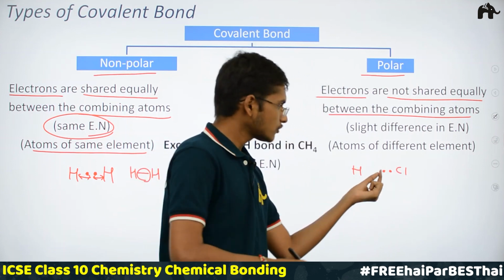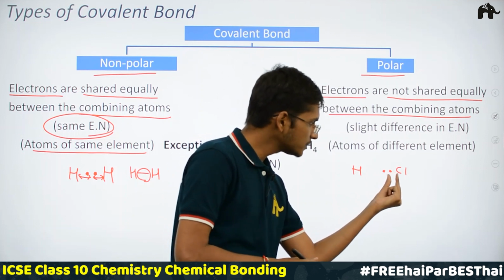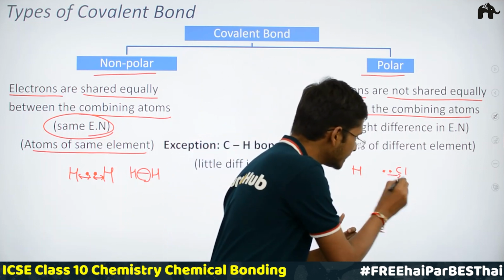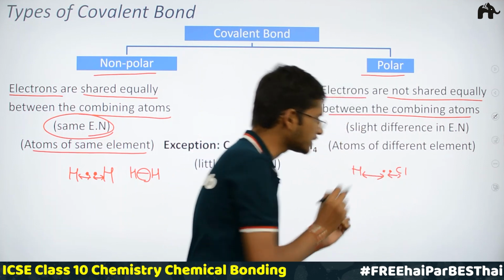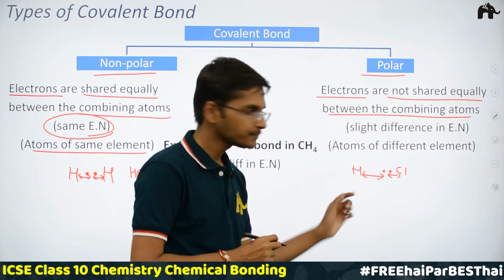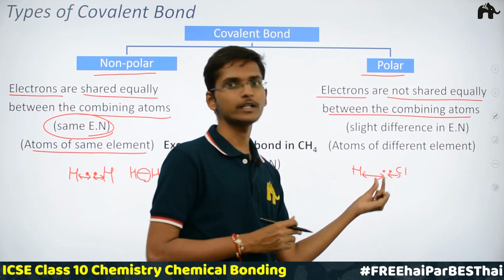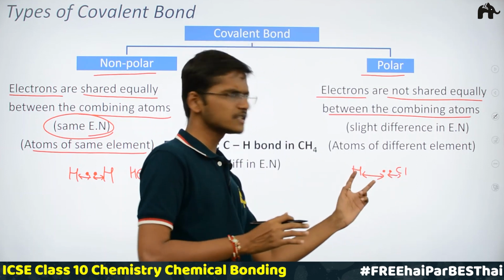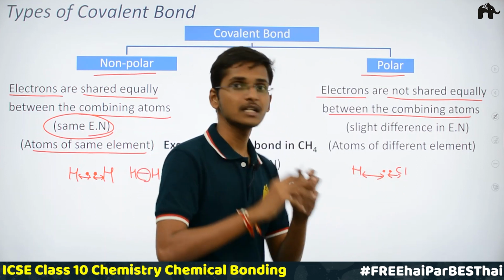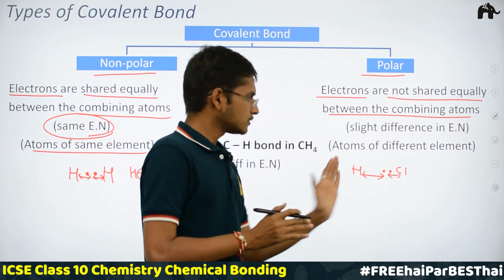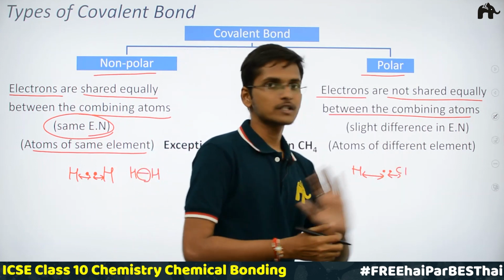Since it is more towards the chlorine, the distance between the electron pair and the chlorine is less, and the distance between the electron pair and the hydrogen is more, right? So that's why we are saying that the electrons are not shared equally, correct? Since their distances from the shared pair are not equal, the electron pair is more towards the chlorine.